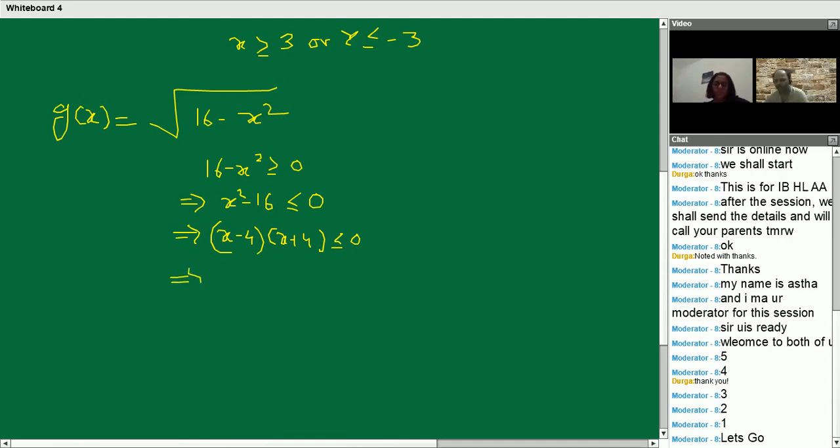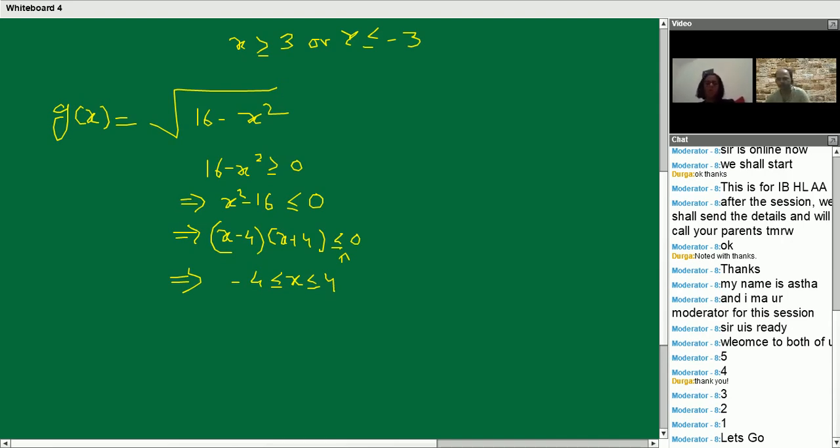We have discussed the rule: for greater than or equal to, x should be greater than or equal to the greater value, or less than or equal to the smaller value. But here the sign is less than or equal to, so don't you think x should be in between these two? Yeah. So that would be the domain.